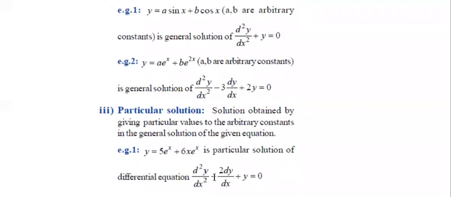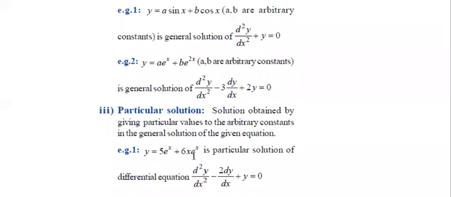Next, the third one, particular solution. A solution obtained by giving particular values to the arbitrary constants. In place of the arbitrary constants a, b in the previous equation, we write particular constant terms. For example, y is equal to 5 into e power x plus 6 into x e power x is a particular solution of the differential equation.